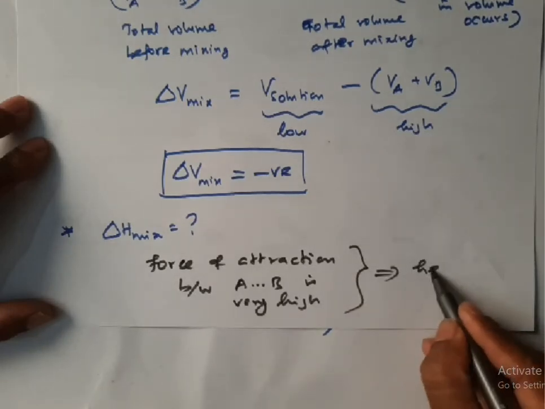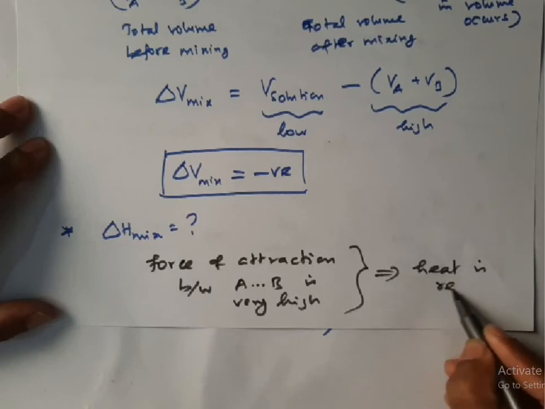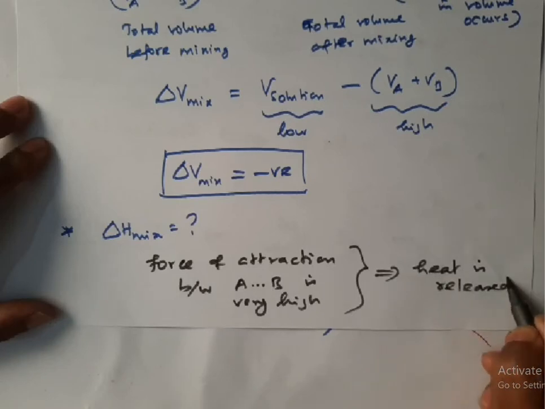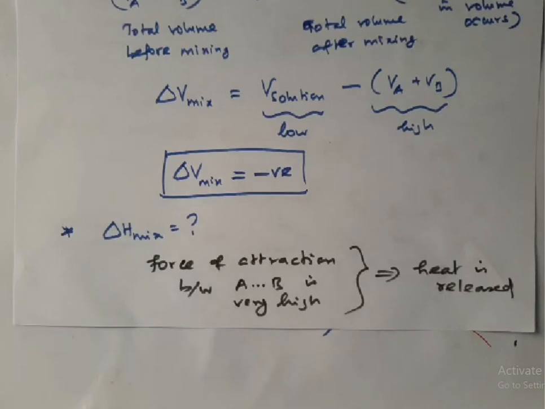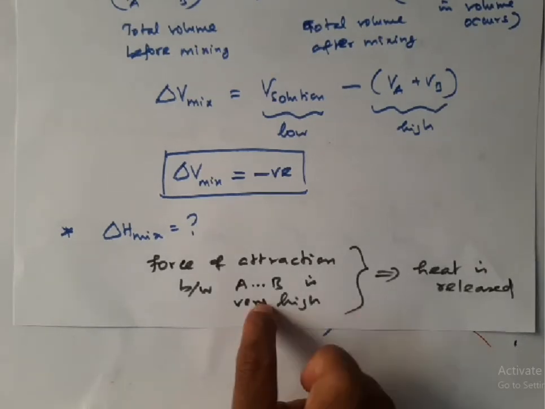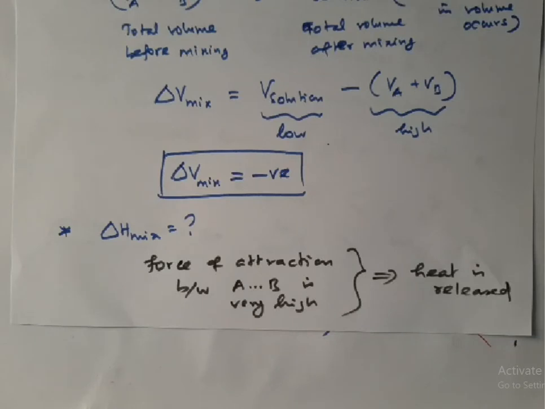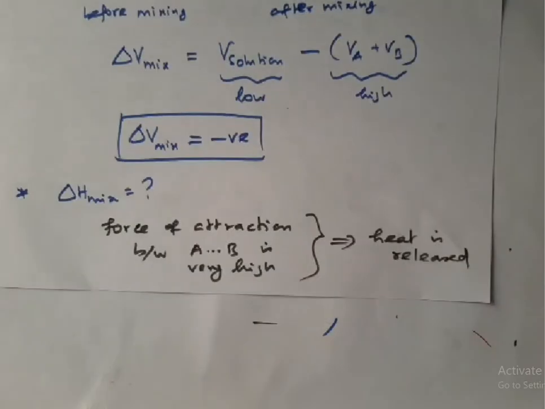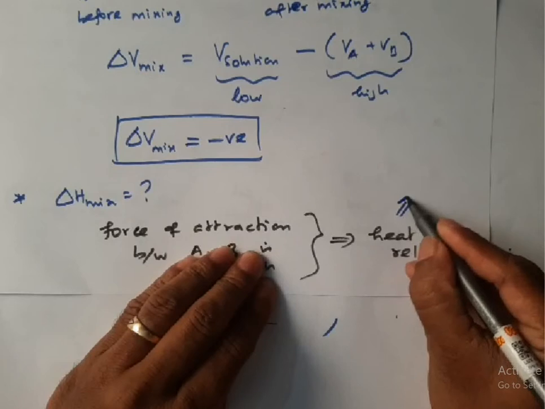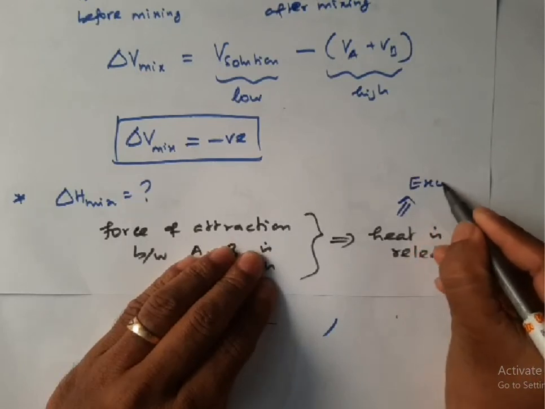Heat is released. Students, keep this in mind: if the force of attraction is weak compared to AA or BB, in that case heat is absorbed. When the force of attraction is very high, heat is released. You know very well, if heat is released, we call that process an exothermic process. This is exothermic.